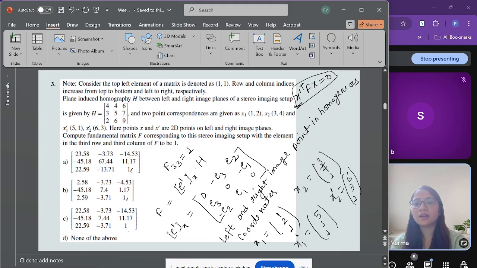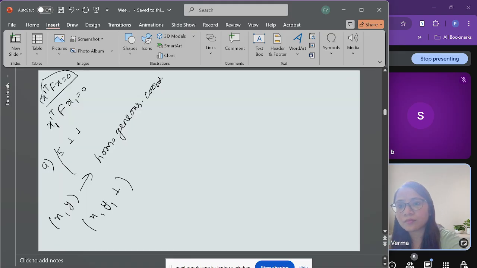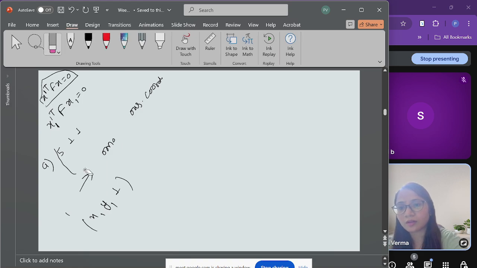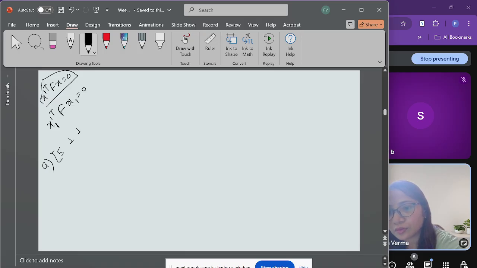Here our F is given for option A. Note it down: for option A, 23.58, minus 3.73, minus 14.53.